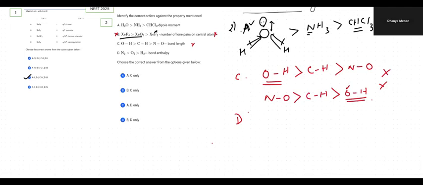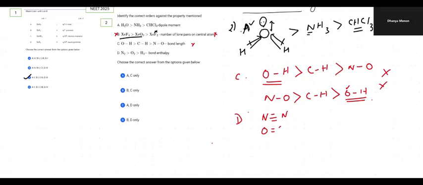So bond enthalpy, or the bond order. Here, N has a triple bond, so more energy is needed. So bond enthalpy of N2, N triple bond N. Oxygen has a double bond.